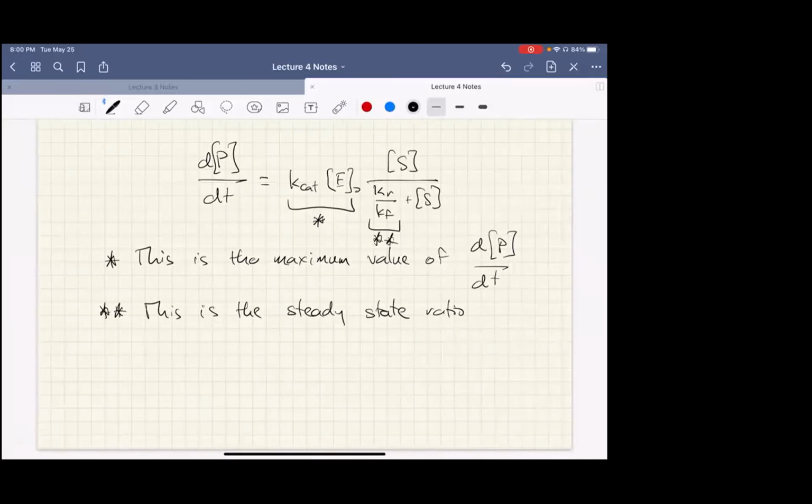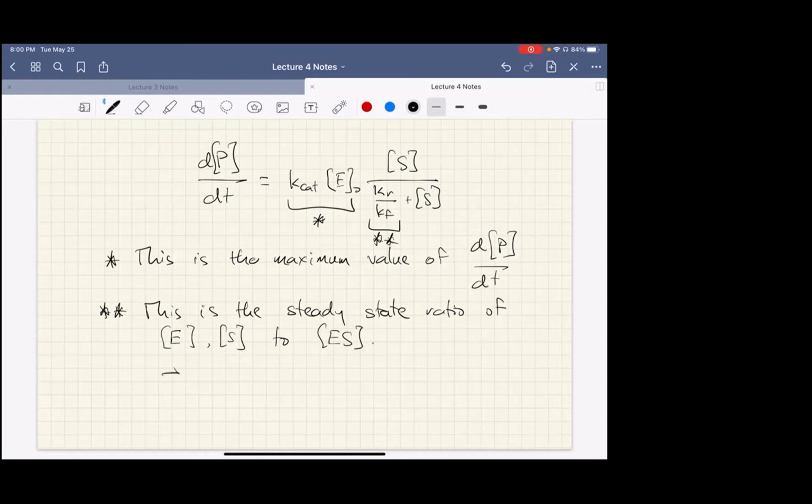This is the steady state ratio, excuse me, I should be a little more precise, of products E and S to ES.